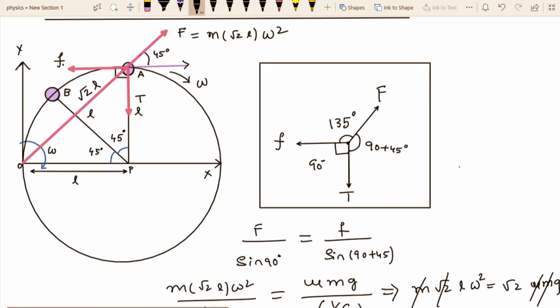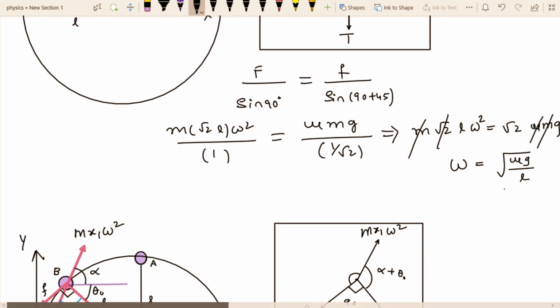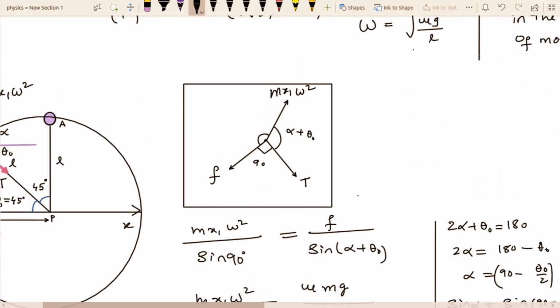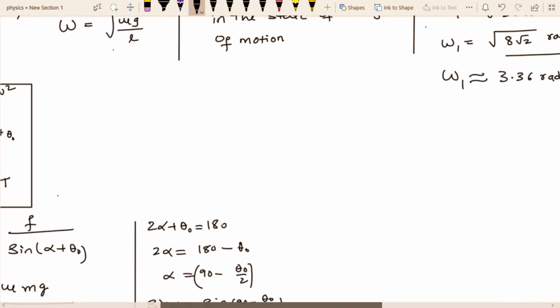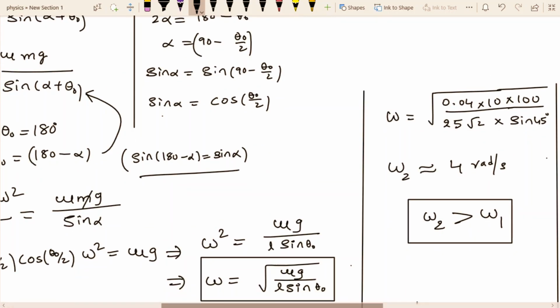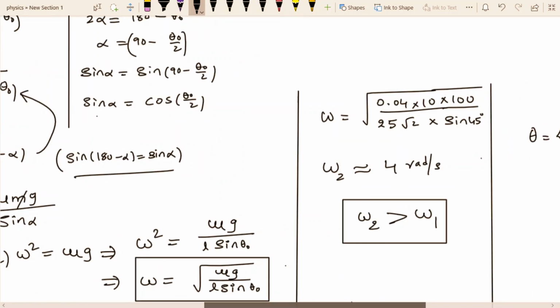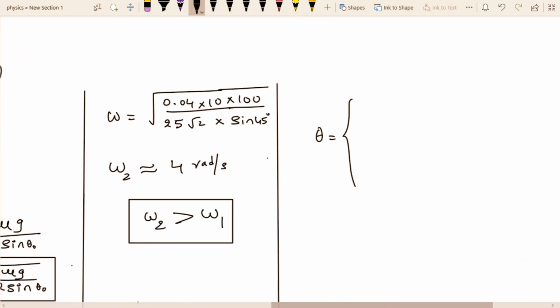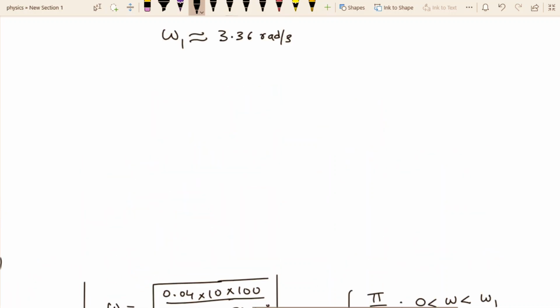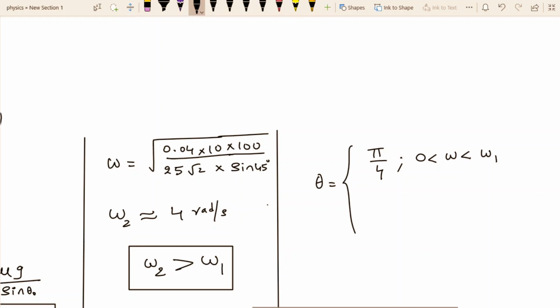And this theta value is pi by 4 when 0 is less than omega less than omega 1. What is omega 1? 3.36 radian per second.